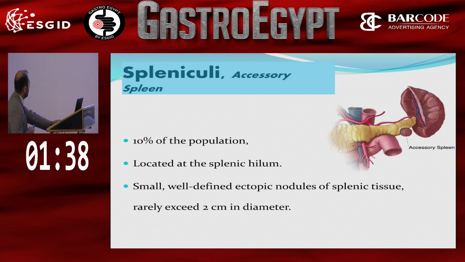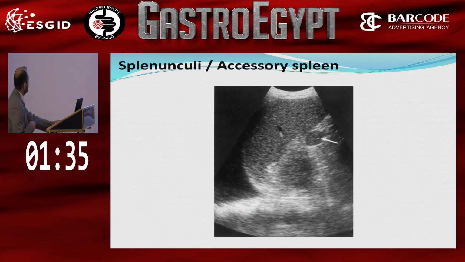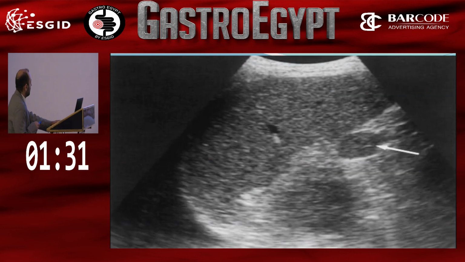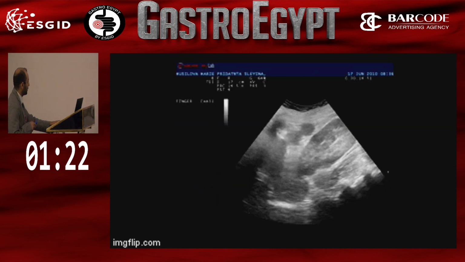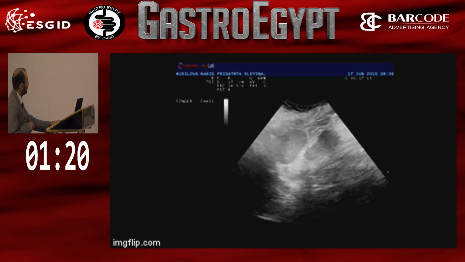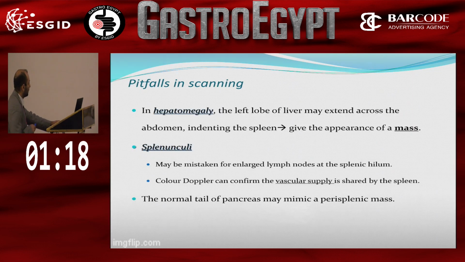I can see a splenule. A splenule is a normal variant. It is homogeneous like the spleen. It may be suspicious for a lymph node, but if you look, it is homogeneous, the same echogenicity as the spleen. The spleen may be prominent after splenectomy.